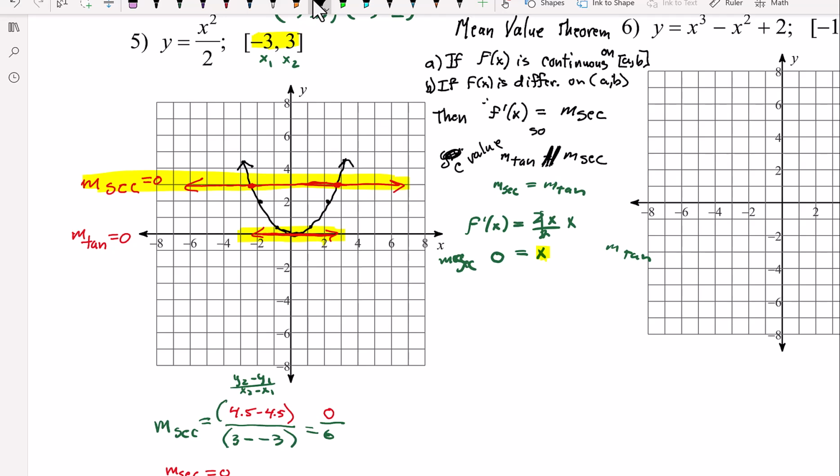So those two lines are parallel. So let's say you have a graph that looks like this. And we say that this is going to be the interval from this point. Well, look at that. That's not necessarily what I wanted to show you, but we'll do another one.